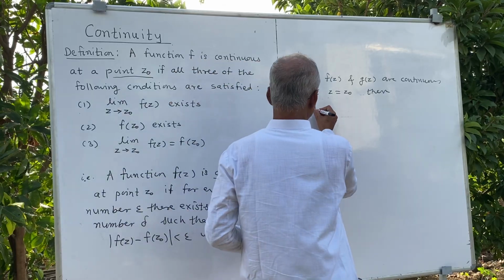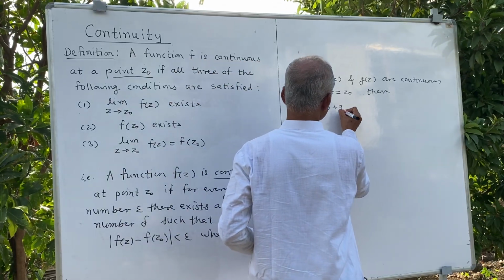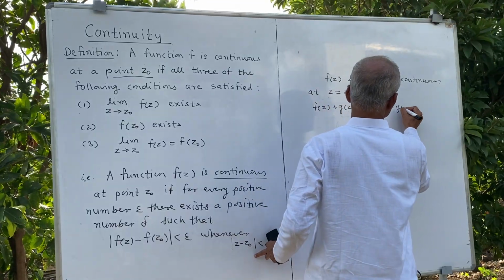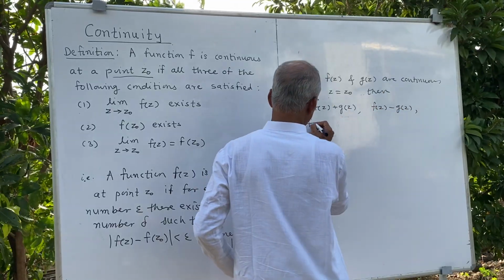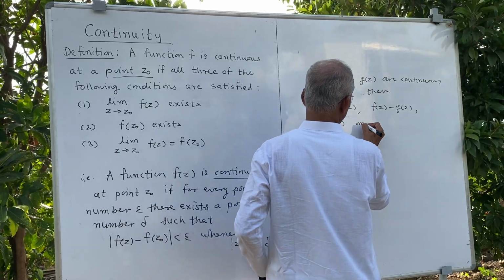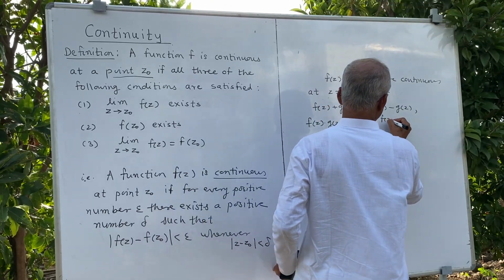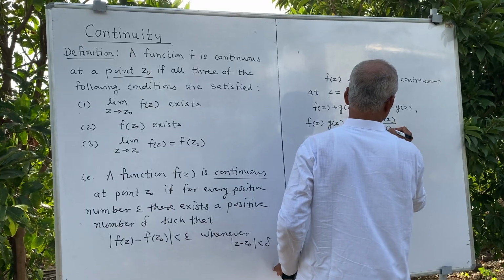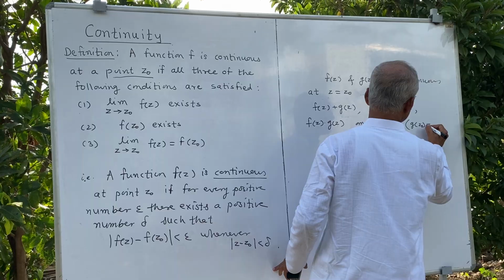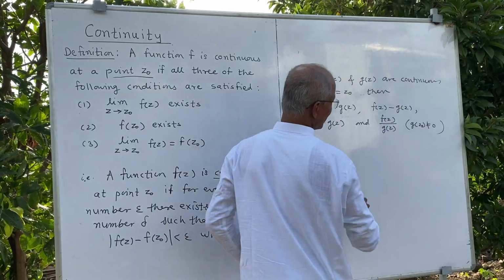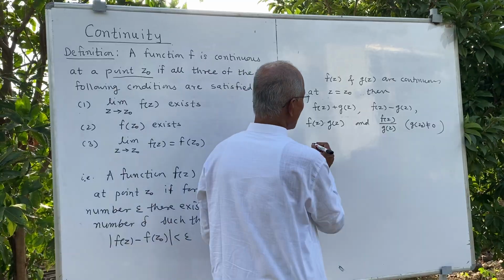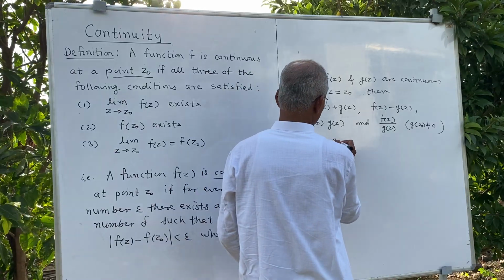That is, f of z plus g of z, f of z minus g of z, f of z into g of z, and f of z divided by g of z, provided the denominator, the value of g at z naught, is not equal to 0, are also continuous.